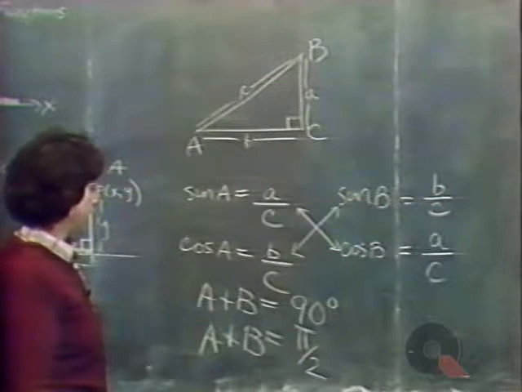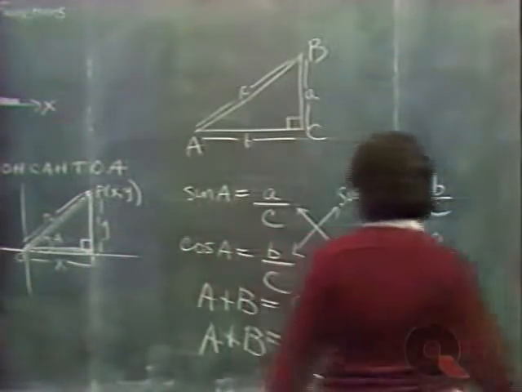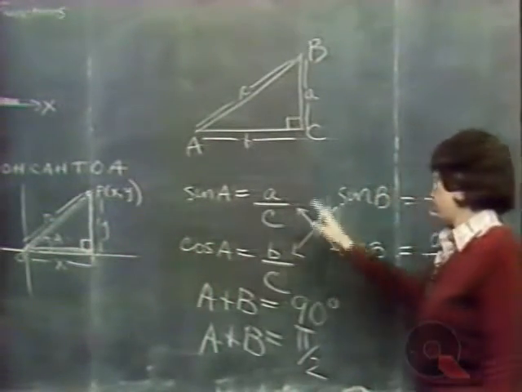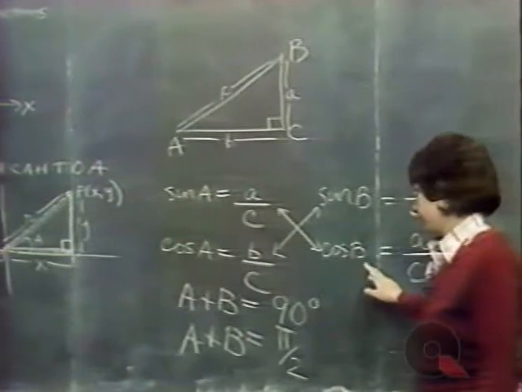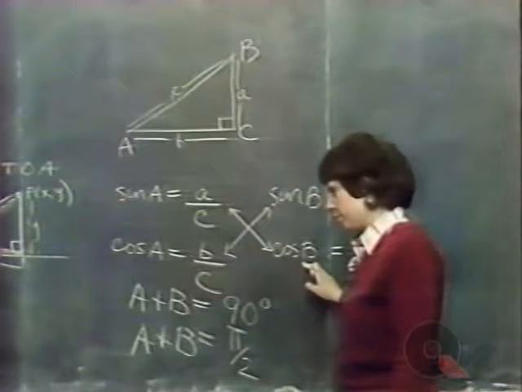Well, if this is true, let's see what we can write down. We have that the sine of angle A is equal to the cosine of angle B. That is, the sine of an angle is equal to the cosine of its complement.